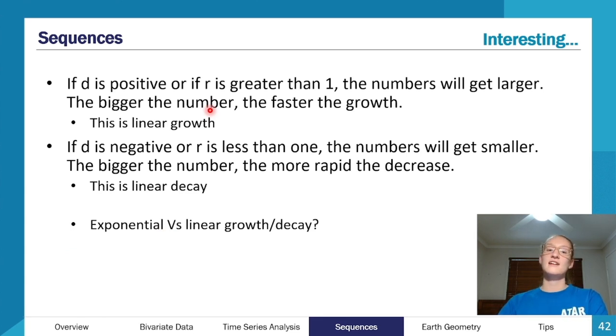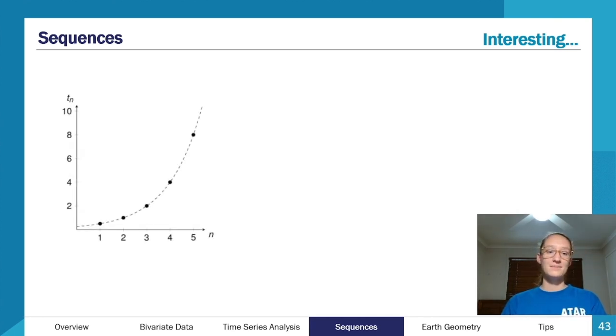That's an interesting aside as well. And if D is negative, we're going to have linear decay. Or if R is less than 1, we're going to have exponential decay. So again, I just want to plant those thoughts in your mind to start you having a think about what that might mean. And we're going to revisit that in a minute.